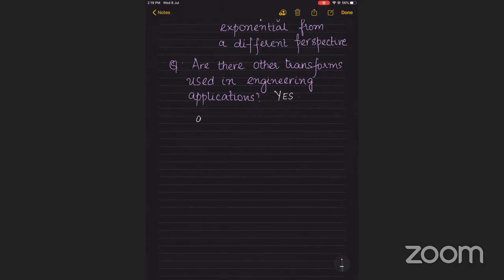So we have A, the Laplace transform, B, the Z transform, and C, the Fourier transform and its variants.